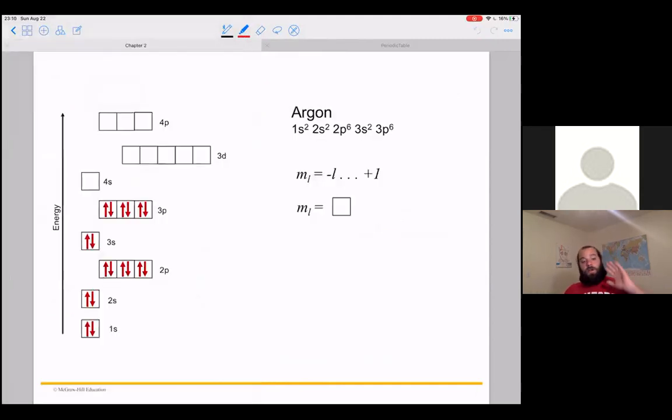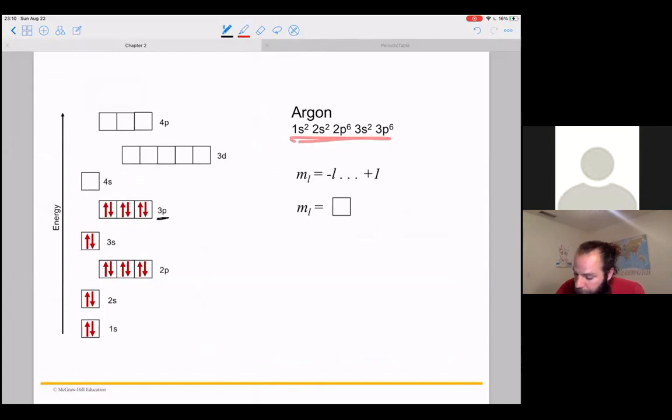Going back to our little box here, we talked about these electron configurations before, as well as the diagrams.